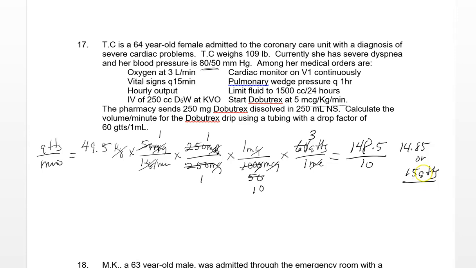I wouldn't want to give her more than what it was, but if we figured it out and changed this to 50, let me see, 50 times 3 is 150 divided by 10. Well, it comes out to be 15, so you could round it up, but I just am in the habit of I don't round up. I round up at the end.